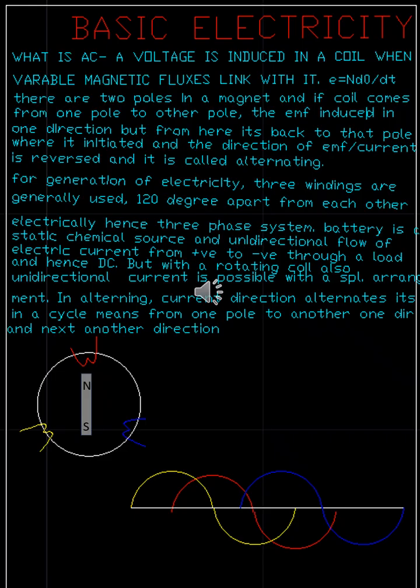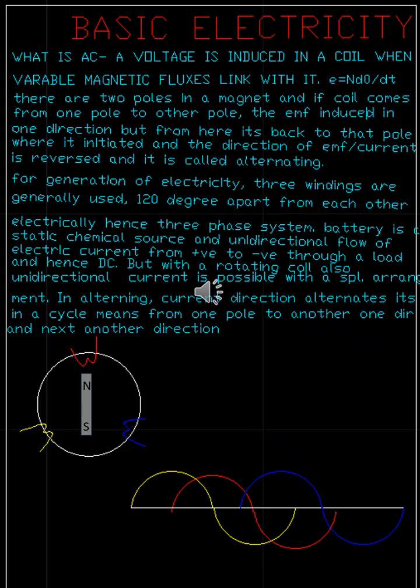Now, if you take one coil, when it will be under the influence of the North Pole, and it will move, then there will be changes, and the South Pole slowly will come to its place. So in this situation, the induced EMF and current will be in one direction.